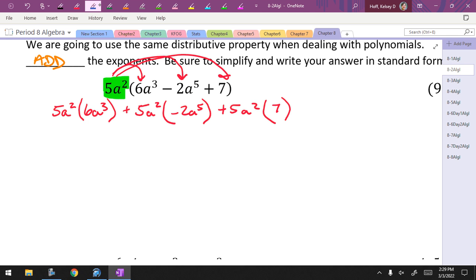5a squared times 6a cubed would be 30a to the 5th. 5a squared times negative 2a to the 5th. Negative 10a to the 7th. 5a squared times 7.